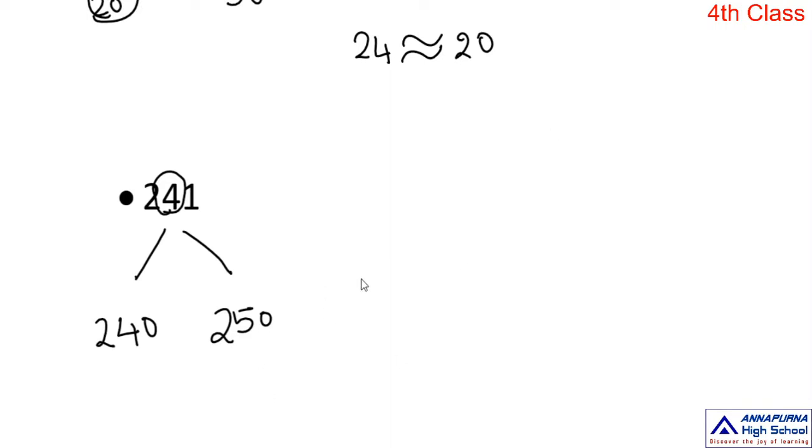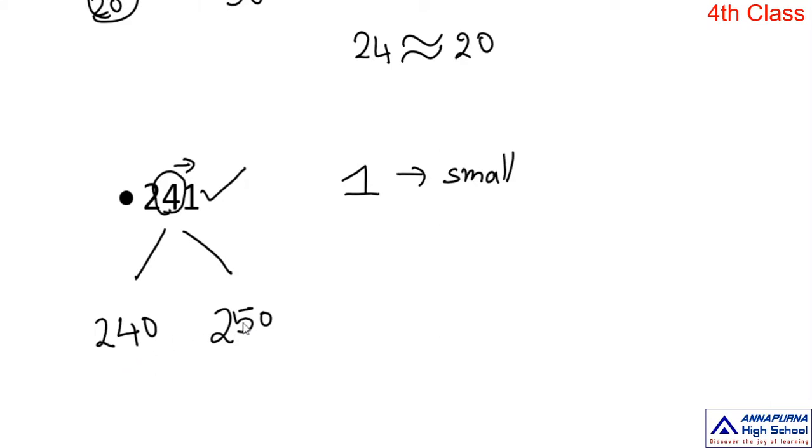Okay children, so 240 or 250. So what is the next number on the right of 4? The next number is 1. So 1 belongs to which number family? Small number family. So very easy.